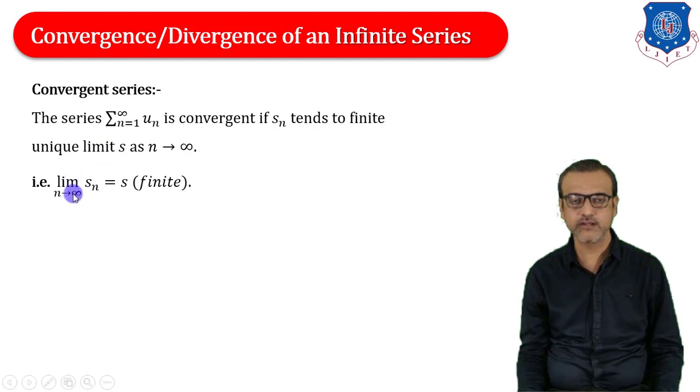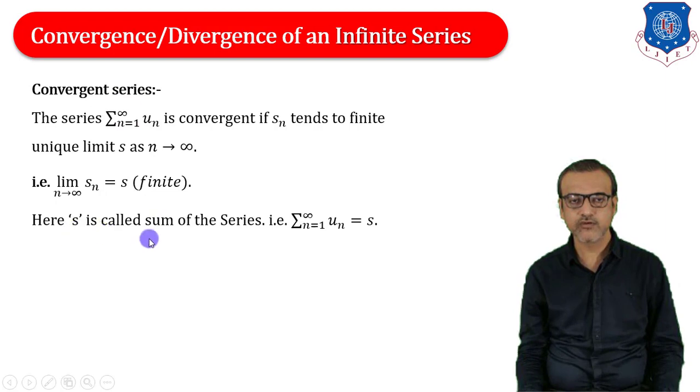That is, limit n tends to infinity Sn equals s, which is a finite value. If we get this limit, then we can say that the given series is a convergent series. Here s is called the sum of the series, that is sigma n is from 1 to infinity un equals s.